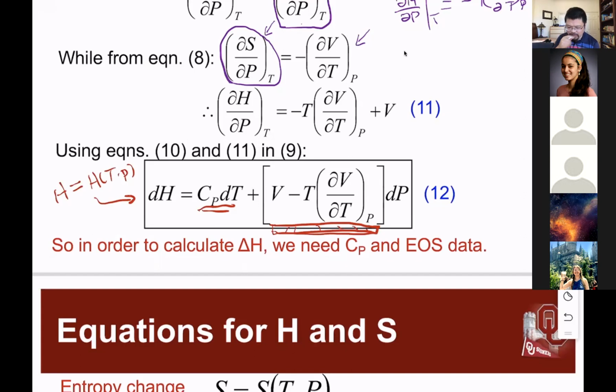So now you can see that we are going to have those terms, and for any system, as long as we have the Cp value and a working equation of state, then we shall be able to evaluate the enthalpy change. I do want to take a look at this term, V minus T dV over dT at fixed P.